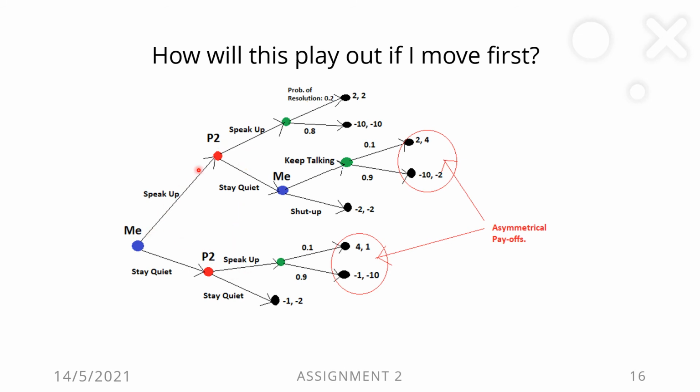If I decide to speak up and then player 2 stays quiet, I can either keep speaking up, or I can just shut up. Bear in mind that if I keep speaking up, my chances of a successful or satisfiable outcome are less than if we both speak up.